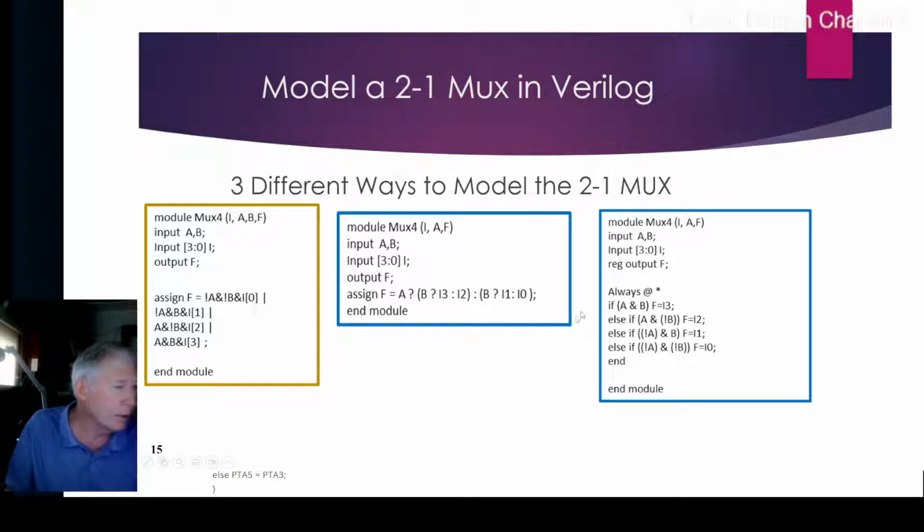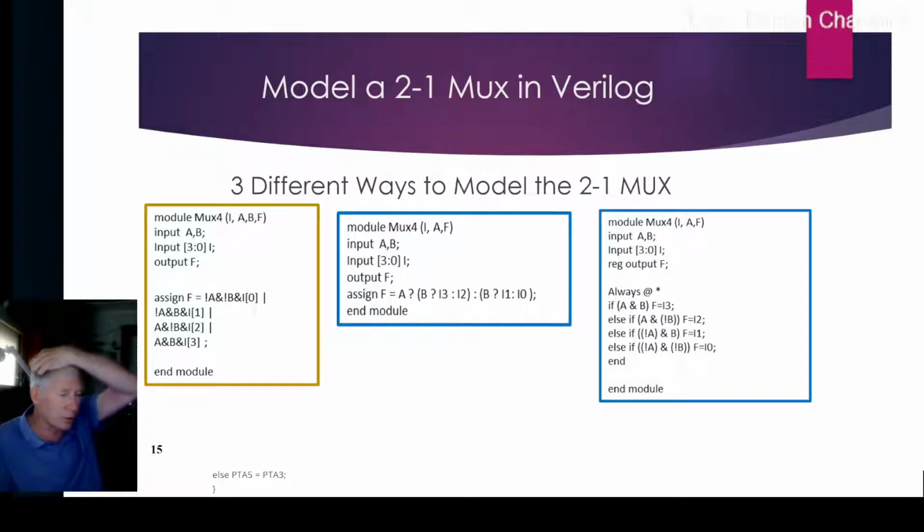And then finally, we can also write it like this. I call this a bastardized way to write it, because we're using this always block, which I'm not going to introduce until the last third of the course. This always block is supposed to be used primarily for sequential designs, where we're controlled by a clock.